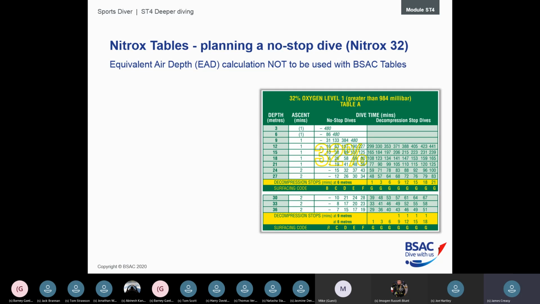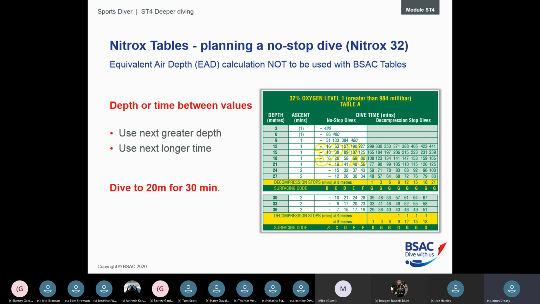And again, it's exactly the same principle. You use the next greatest depth, you use the next longest time. So for this one, if you're doing a dive to 20 meters for 30 minutes, we go down to 21 meters, and we look across, and there's 19 minutes and 41 minutes.